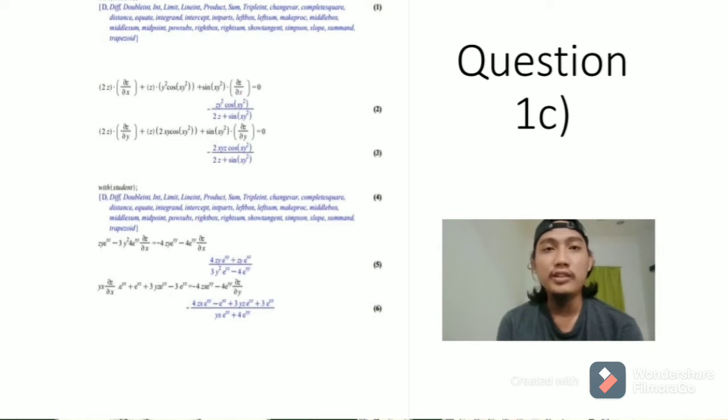And then we differentiate with respect to y, use the product rule, and we get dz per dy. For the second equation, we differentiate both sides with respect to x, and we get dz per dx. And the same goes to dz per dy, we differentiate with respect to y.